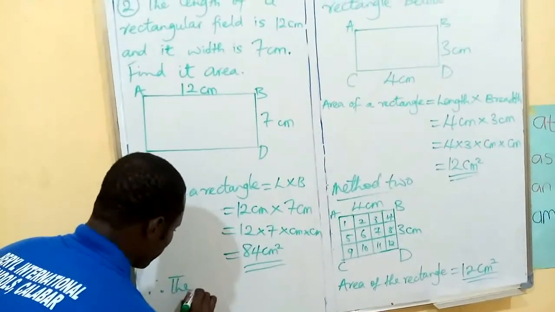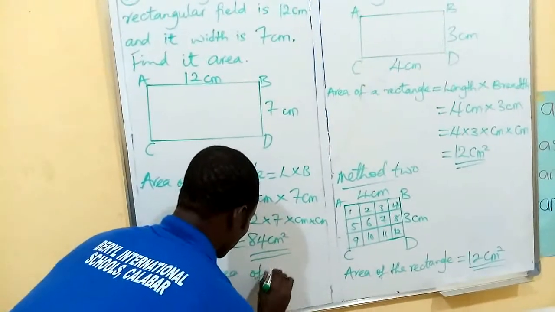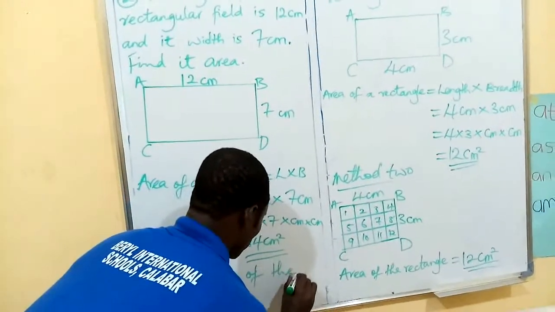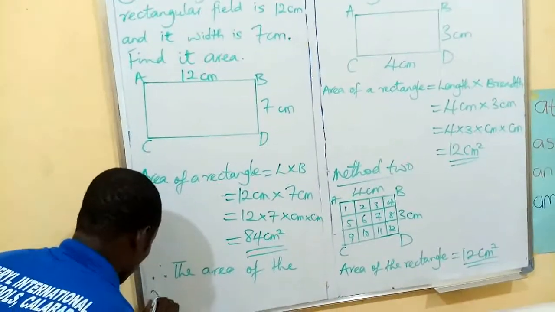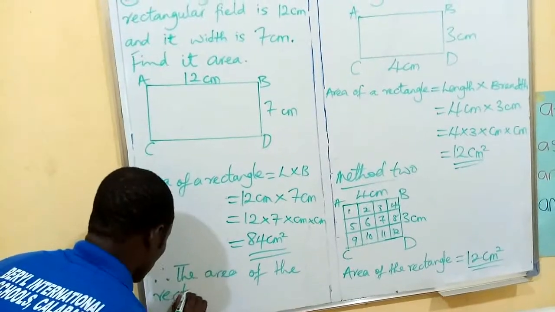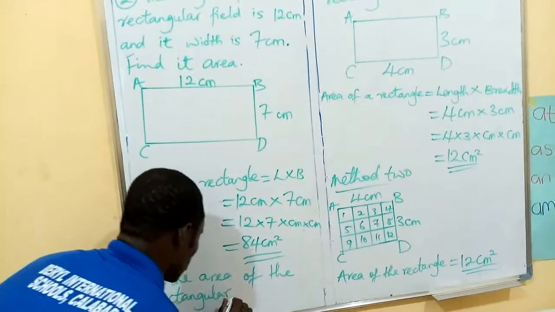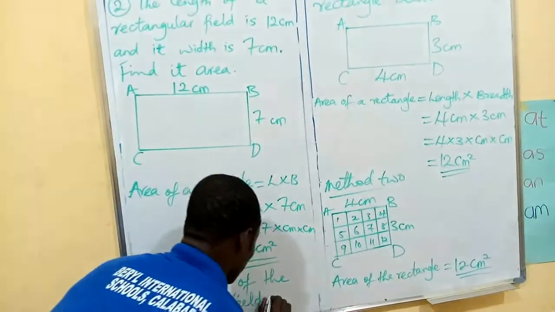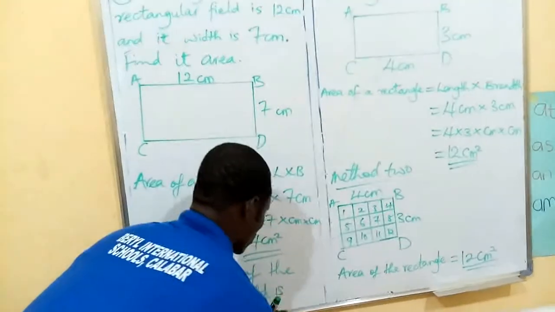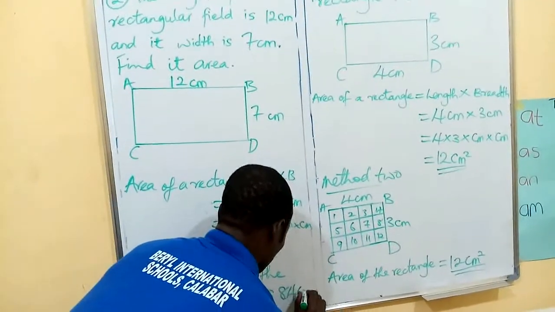Therefore, the area of the rectangular field is 84 centimeters squared.